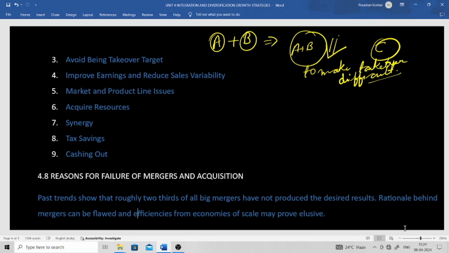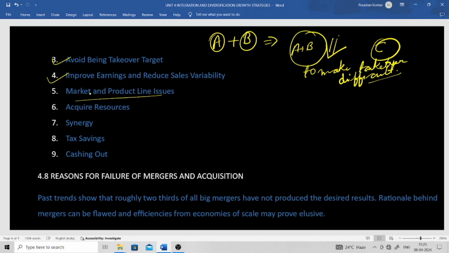The fifth one is market and product line issues. Often mergers occur simply because one firm is in a market that the other company wants to enter.